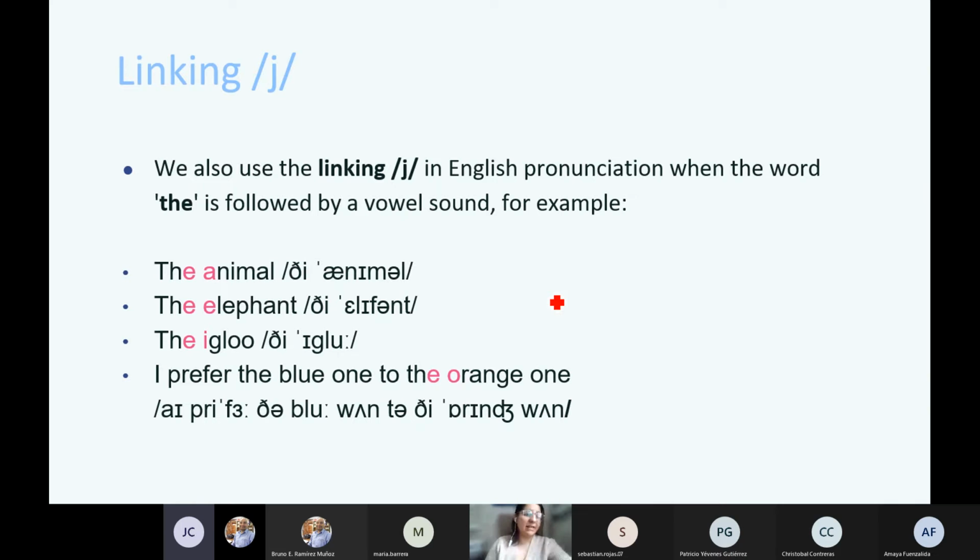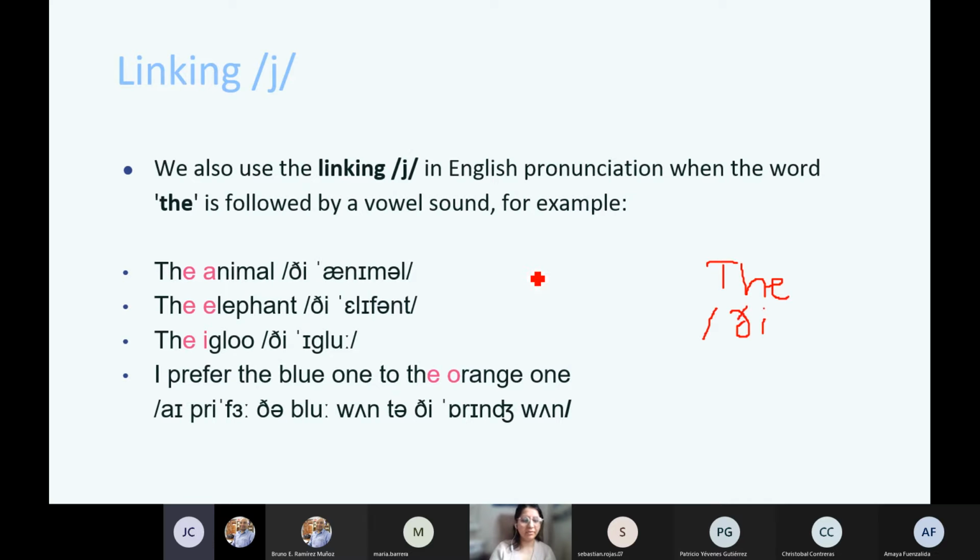Now that we have pronounced this, I have something else to tell you. We also use the linking "y" when we pronounce the word "the" in English, when it is followed by a vowel sound. We usually pronounce it as "thuh." But when the following sound begins with a vowel sound, instead of saying "thuh," we say "thee," with an e at the end.